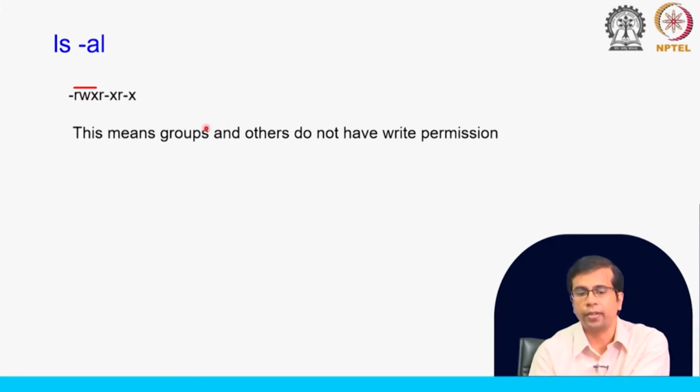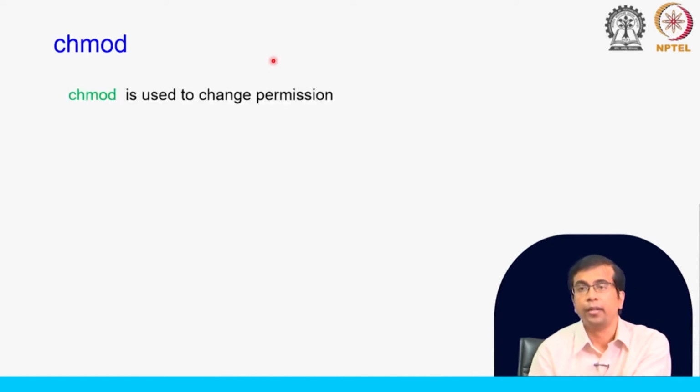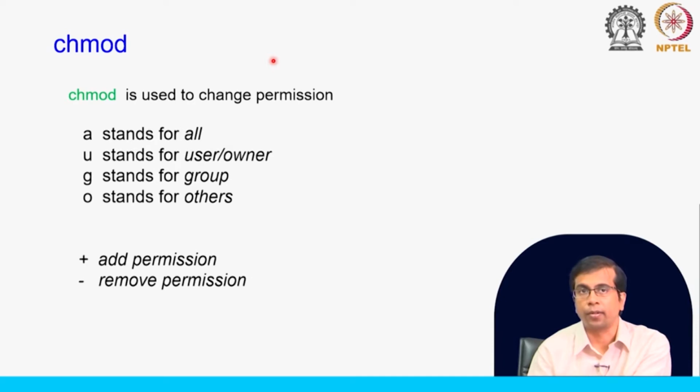If you see these kinds of options, this minus sign or dash means that the groups and the others do not have write permission. If w is not there, these groups or the others will not have this write permission. And the command that we use to change this permission is called chmod, which stands for change the permission.